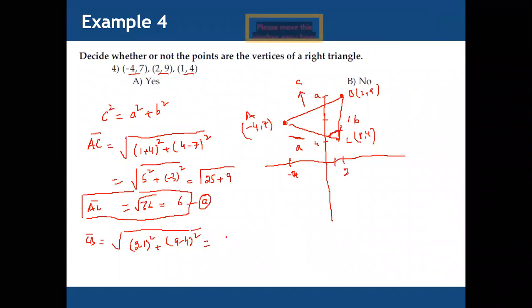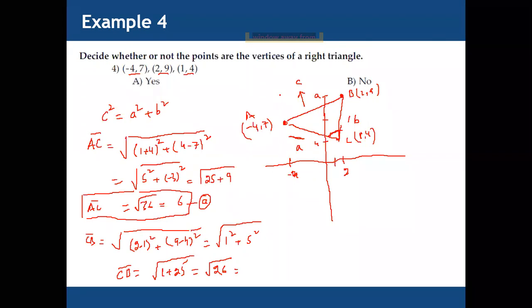This one equal to 1 square plus 5 square. Then CB is equal to 1 plus 25, where 1 plus 25 is 26. So 26 under the root equal to what?